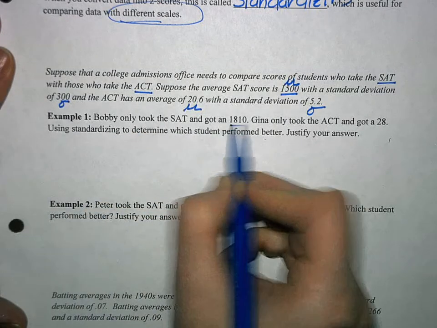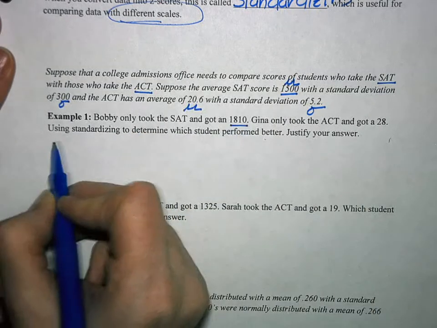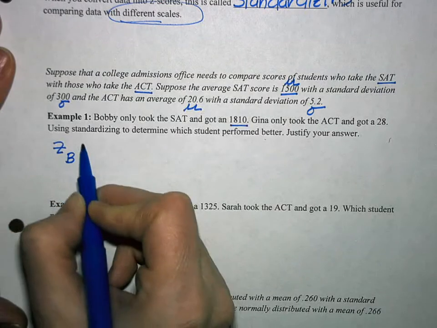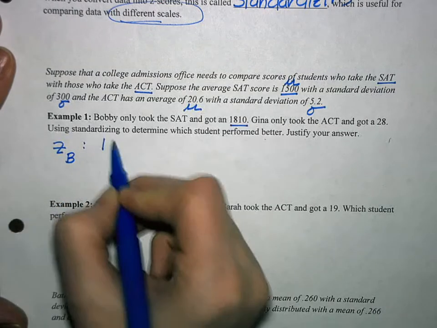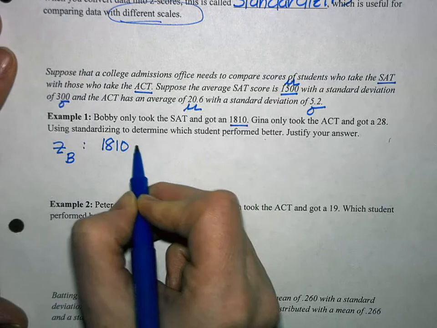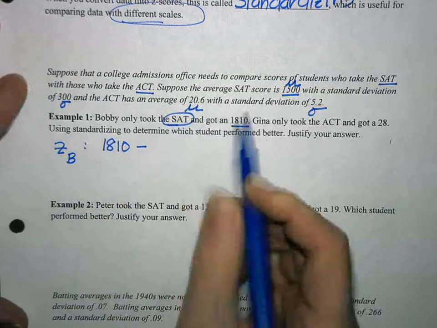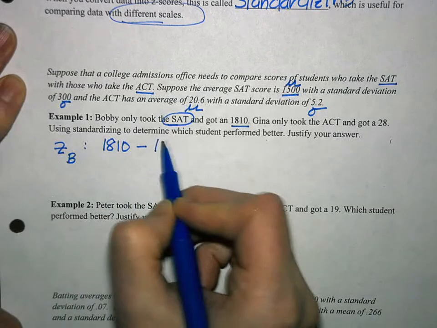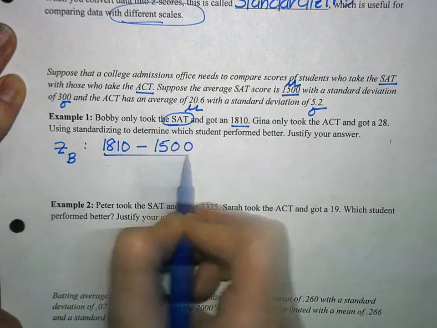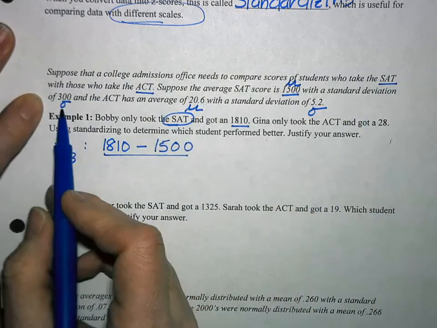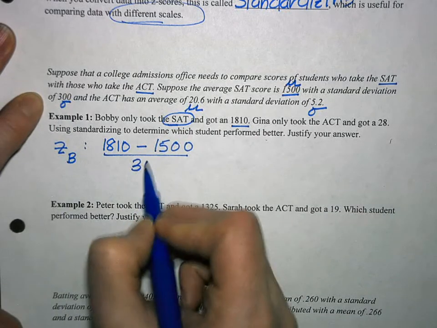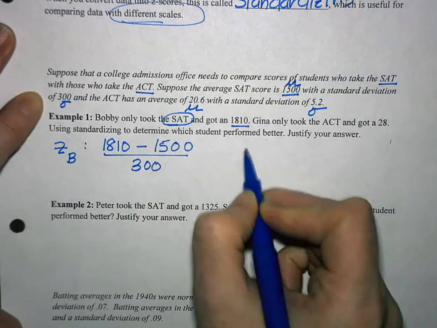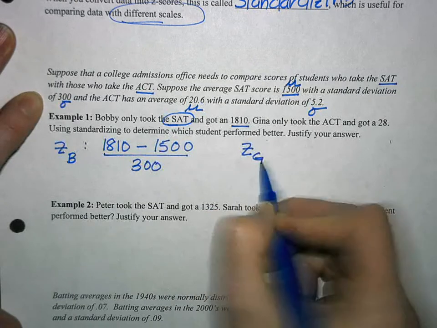Now let's compare Bobby and Gina. Bobby took only the SAT and got an 1810. So let's do the z-score for Bobby. Now he's an SAT guy, so the mean SAT is 1500. So it's 1810 minus 1500 divided by the standard deviation for SAT scores, which is 300.